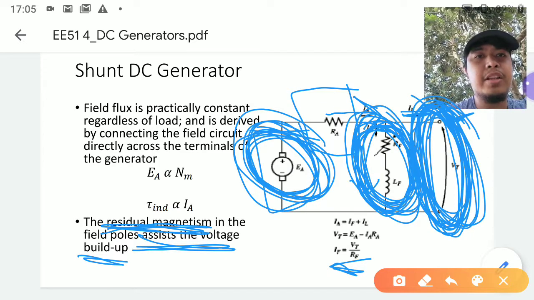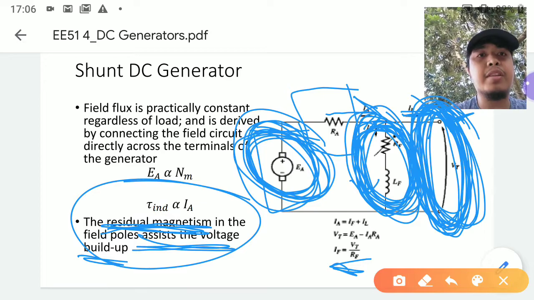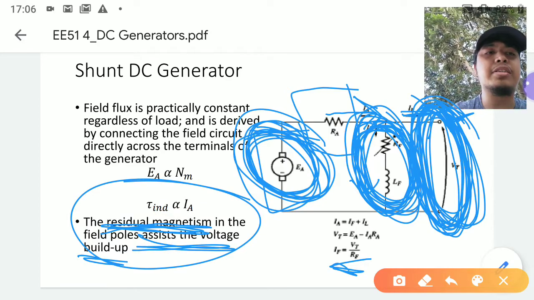So that's basically this explanation statement here.